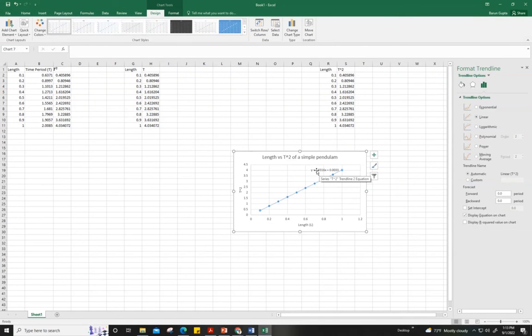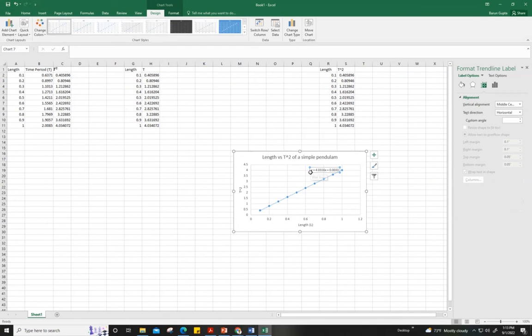Okay, so far we have plotted the length versus t squared and got the slope here. If you look at this equation, let me see if I can make it bigger.